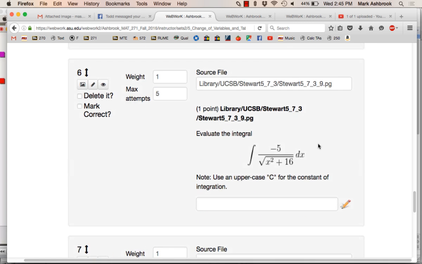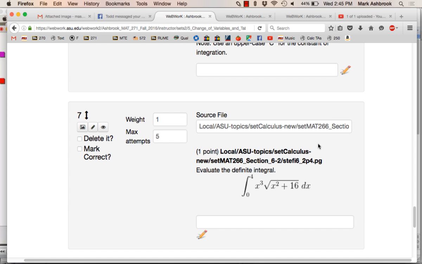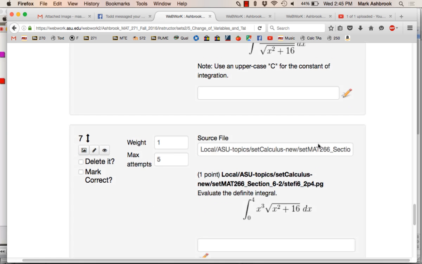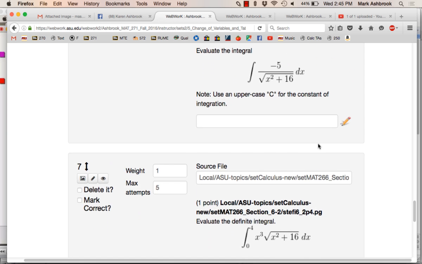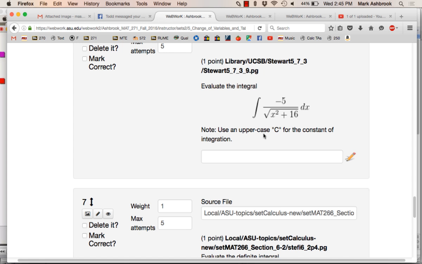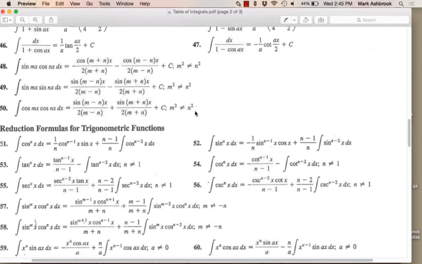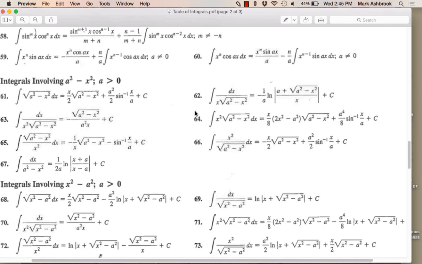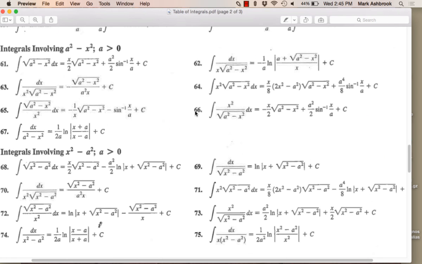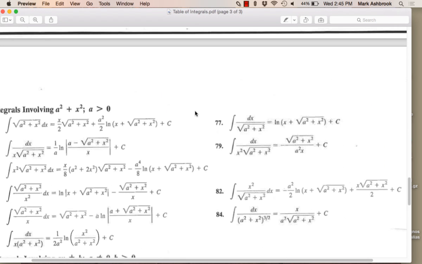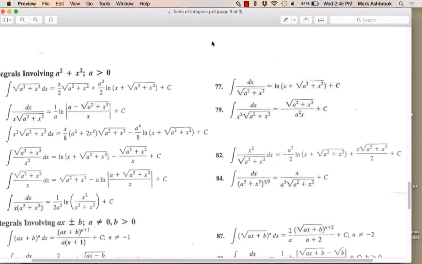Here are forms involving a squared minus x squared, x squared minus a squared, and then there's a squared plus x squared.